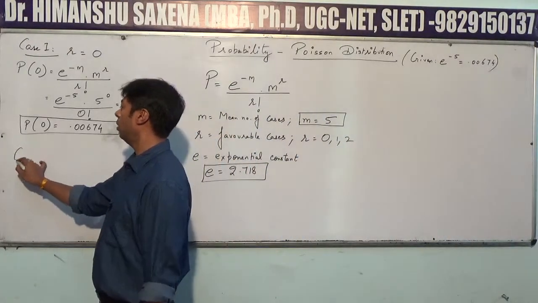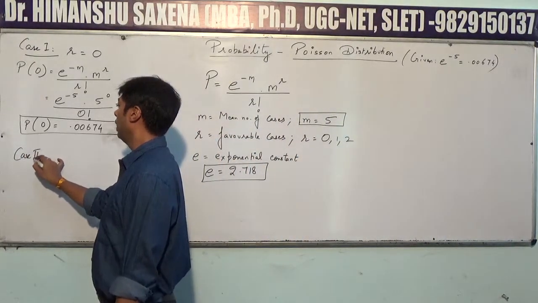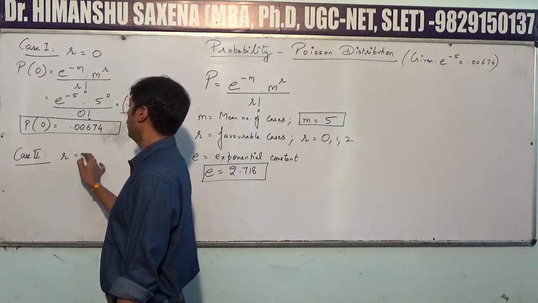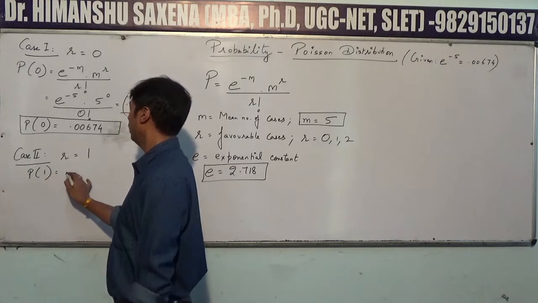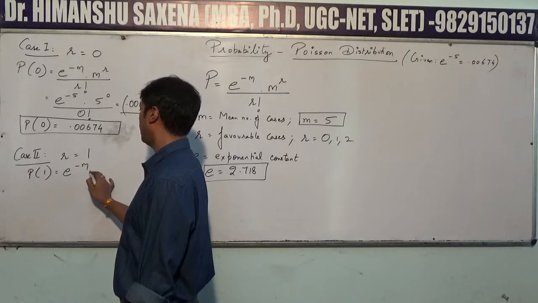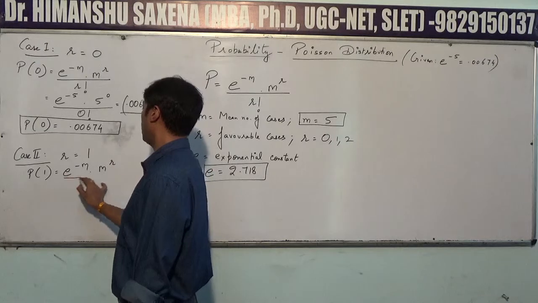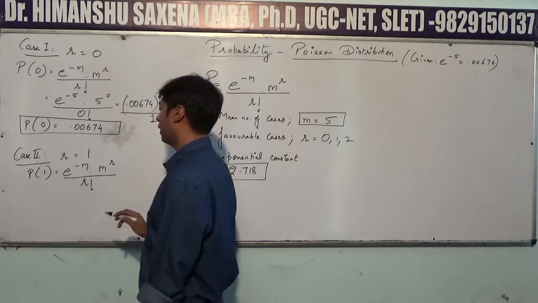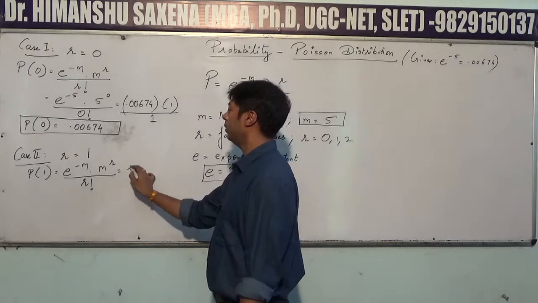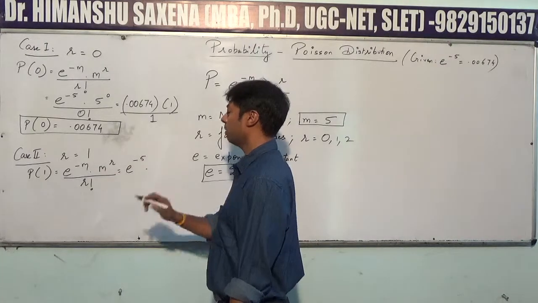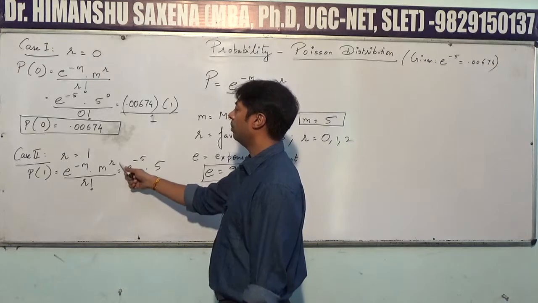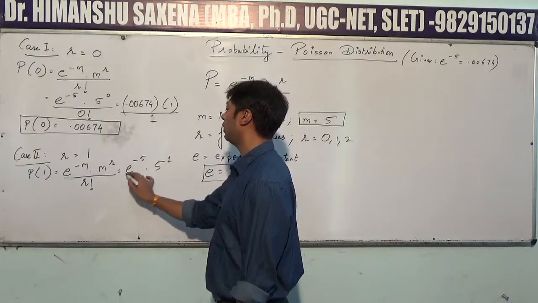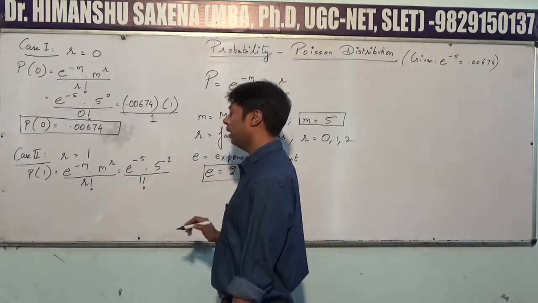Next, we solve when r is equal to 1. We take down the formula, e to the power minus m, m to the power r upon r factorial. Now e raised to the power minus 5, and 5 raised to the power r, where r over here is 1, upon 1 factorial.